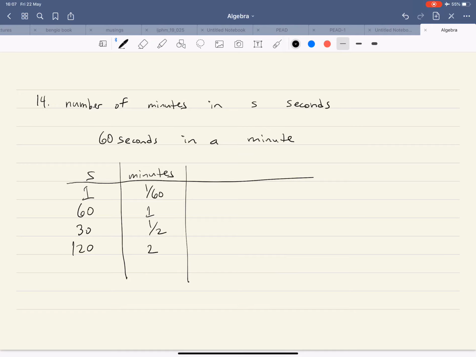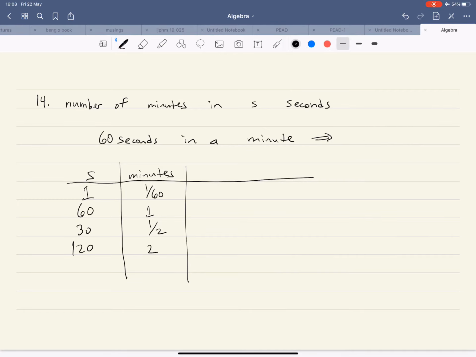So the expression, or the equation, that 60 seconds in a minute tells us is... times S equals my number of minutes. Sorry, I did that wrong.